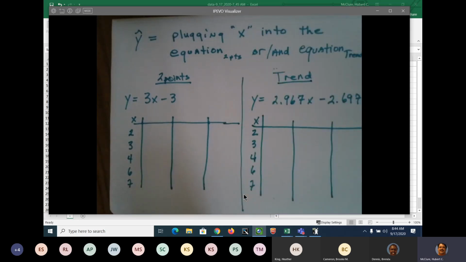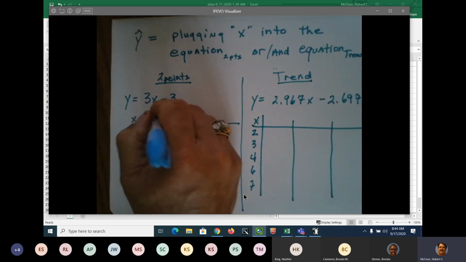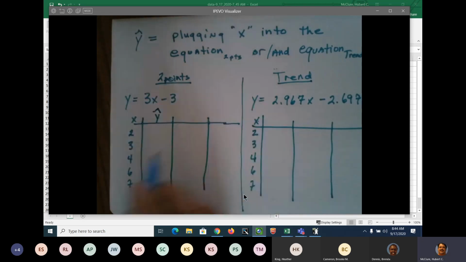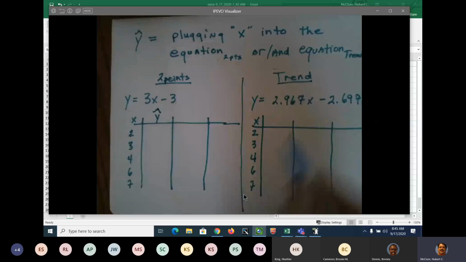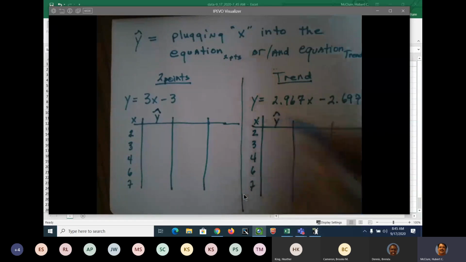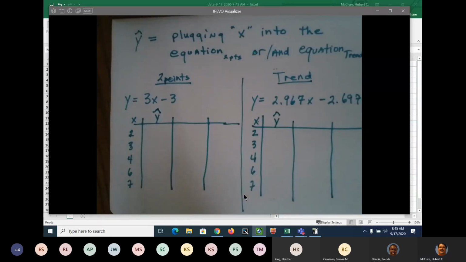Now, I want everybody to take your calculator and give me y hat, which is plug that number in, and give me y hat over here too. So go ahead and do that. I'm going to give you a minute. You should be able to do it with your calculator because this is plugging and chugging. You've been doing that since pre-algebra.